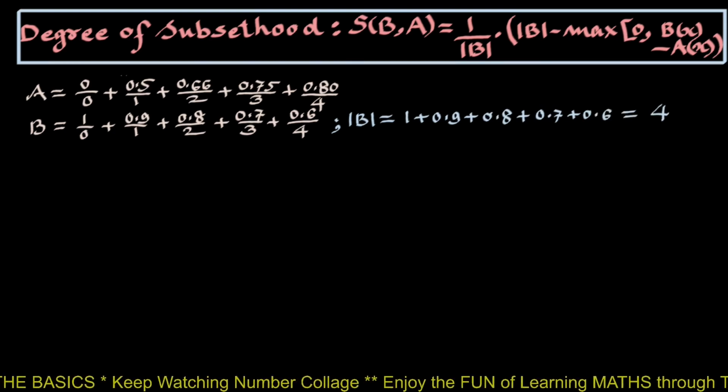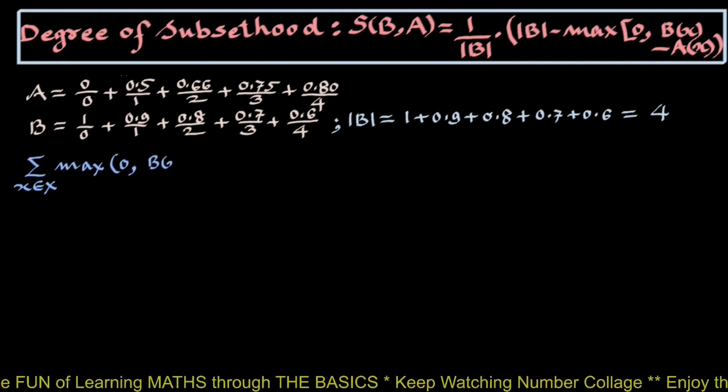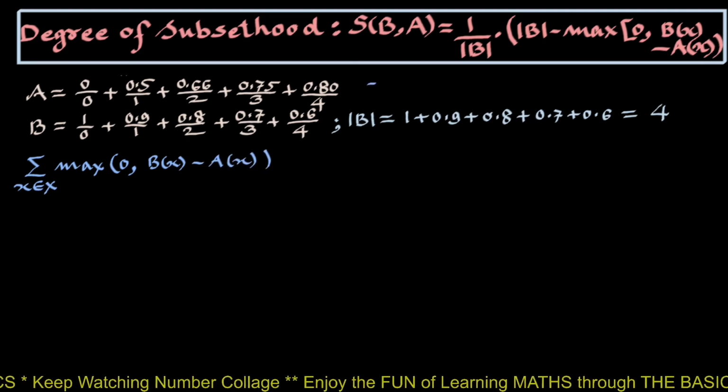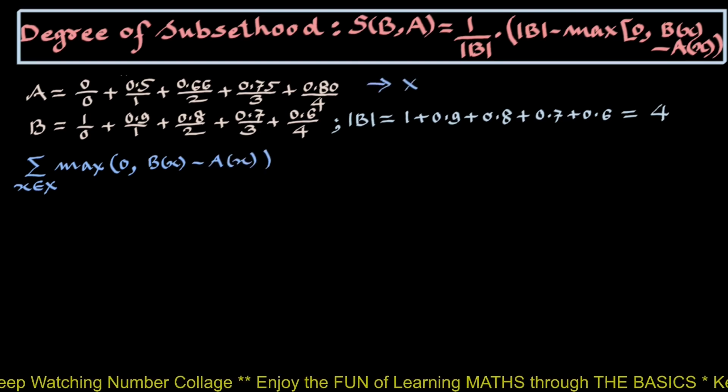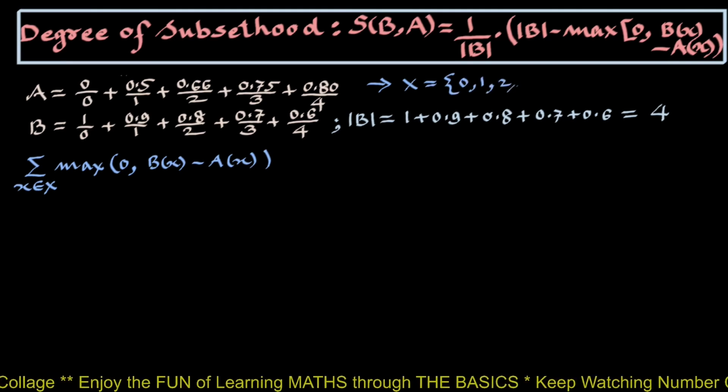Next, we have to find summation of maximum of 0 and difference B of x minus A of x. Sets A and B are defined on universal set X with elements 0, 1, 2, 3 and 4.